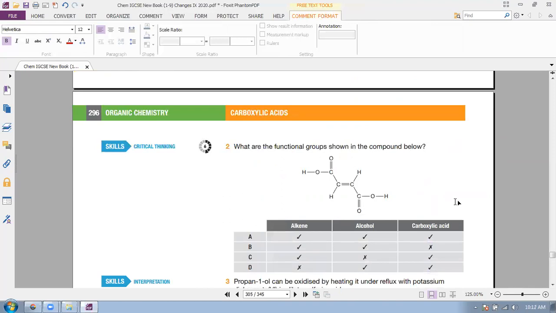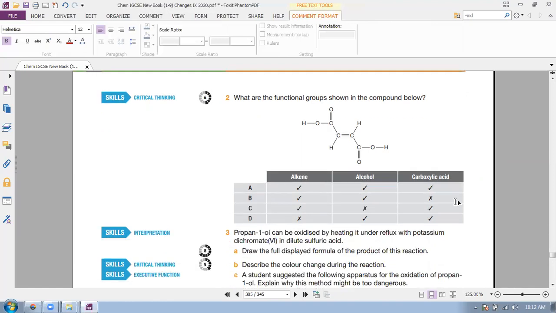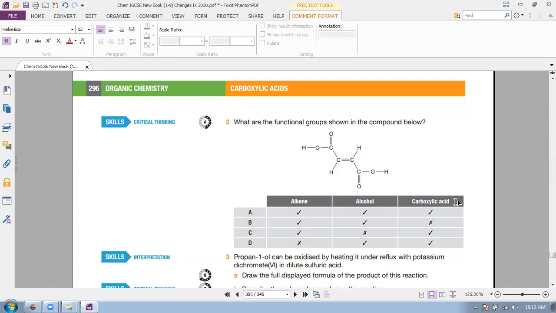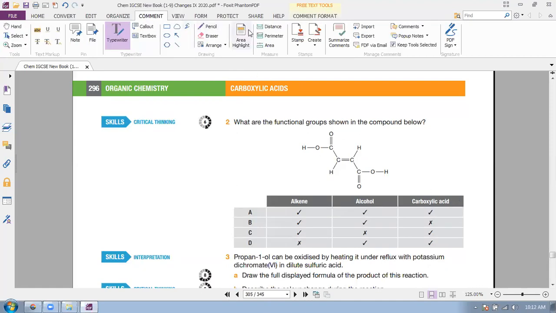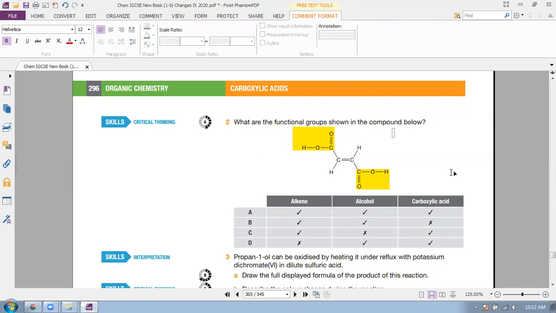What are the functional groups shown in the compound below? What are the different functional groups? Let us mark. Where is my highlighter? What is COOH here? Look at this. COOH, this one, and COOH, this one. So this is the carboxylic acid functional group. One is carboxylic acid.